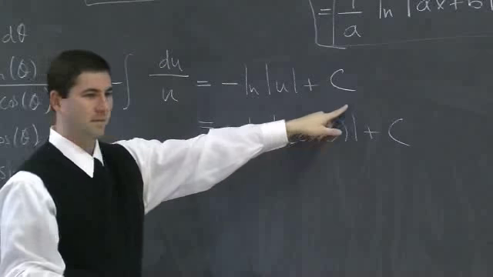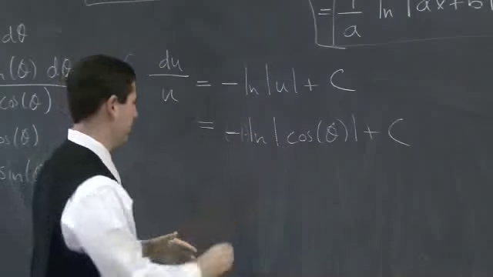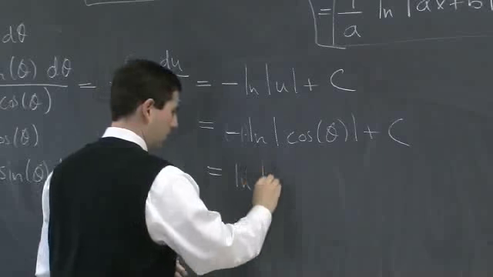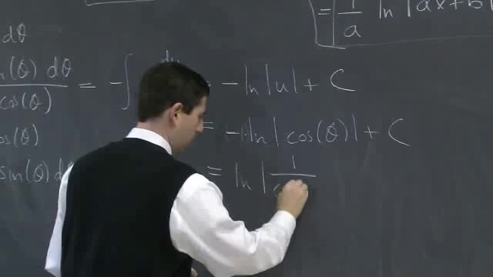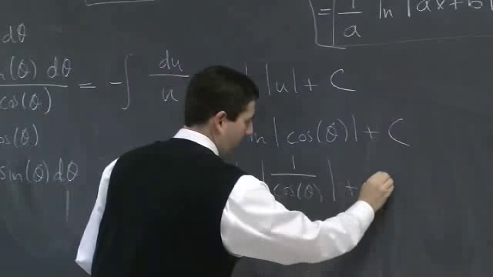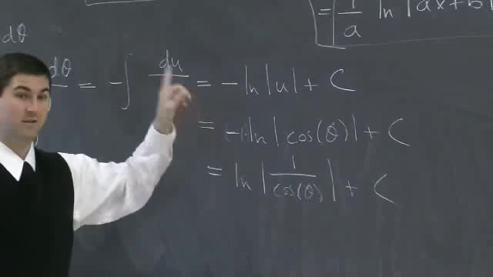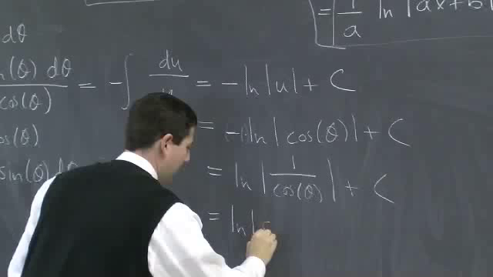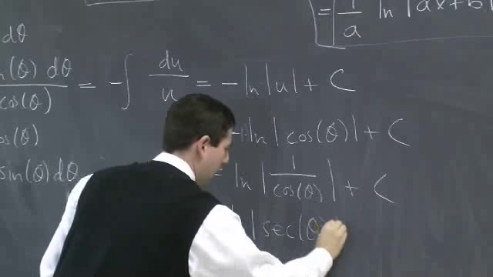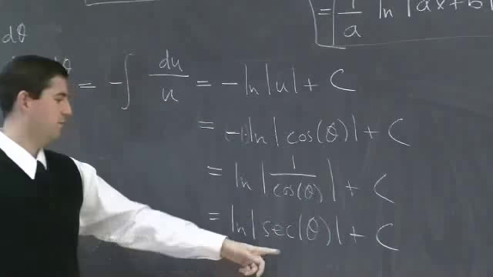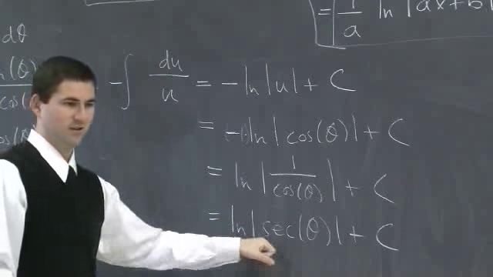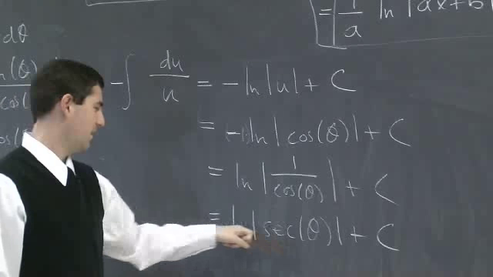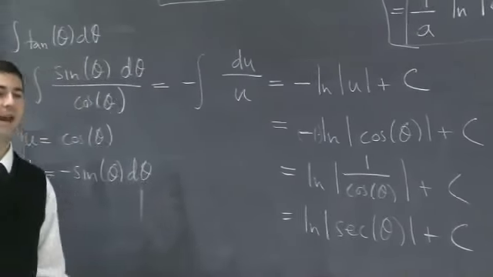That's just going to make that to the minus 1 power, which means 1 over cosine. That's secant. So at the cost of using a function that we usually don't like as much as cosine, I can drop that minus in front.